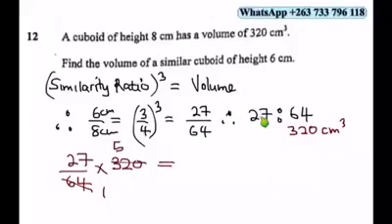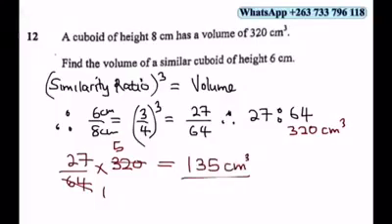So to find for this, we just say 27 divided by 64 times this. So 27 divided by 64 times 320, 64 into 320 is 5, 27 times 5, this will be 135 cubic centimeters. So this will be the volume of a similar cuboid of height 6 centimeters.